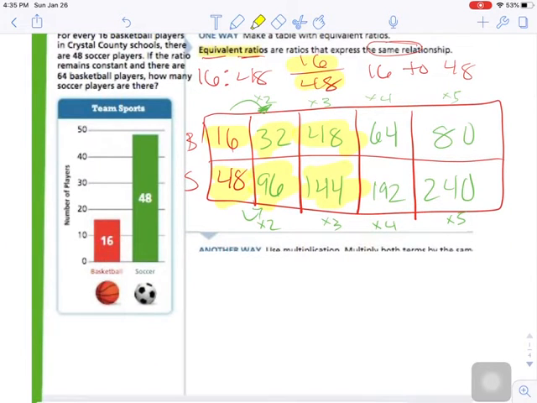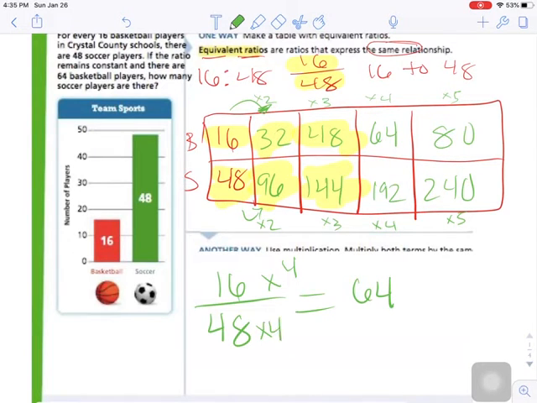The other way that we could have done this, instead of making a table, is to just multiply by the same number. So 16 to 48. In this case, it wanted us to get to 64 basketball players, so we could have just asked ourselves, what do we have to multiply 16 by to get to 64, which we know is 4. Whatever you multiply the top by, you're going to multiply the bottom by.